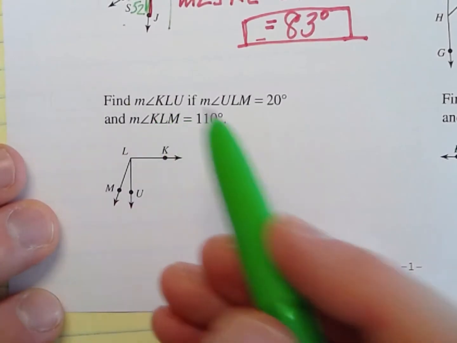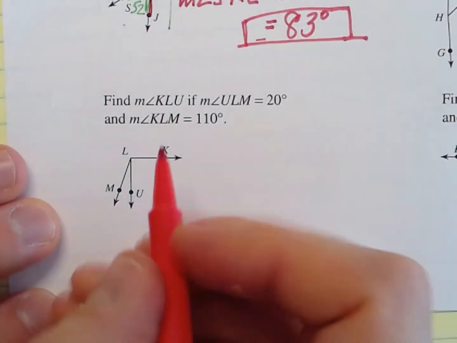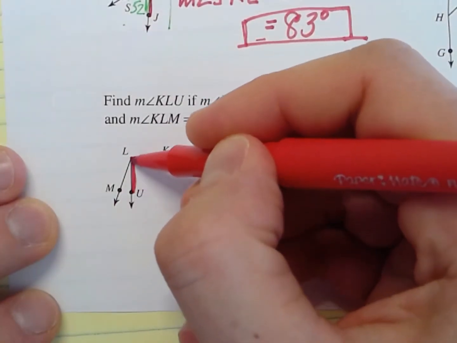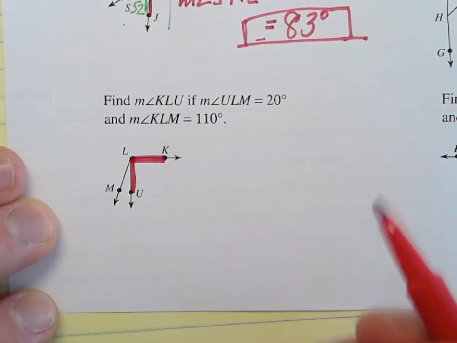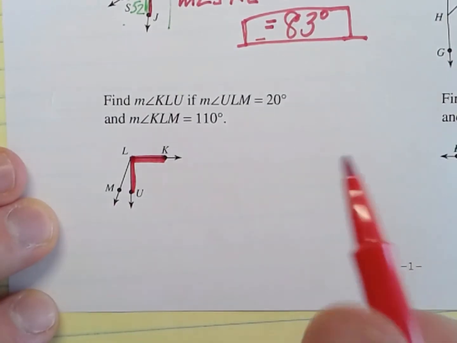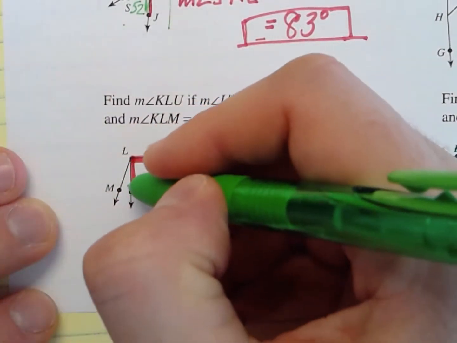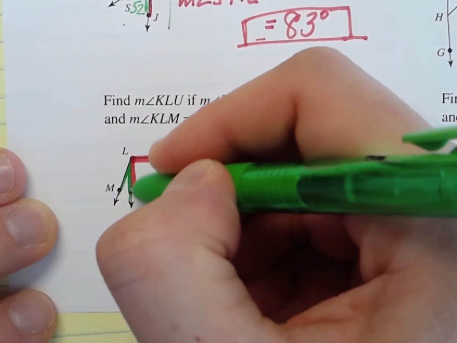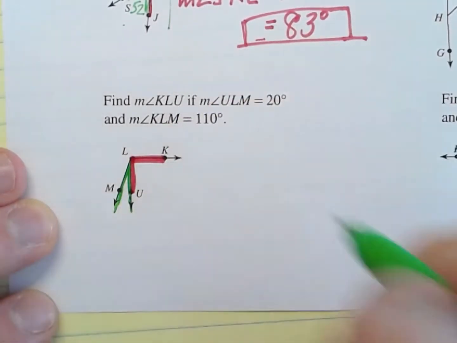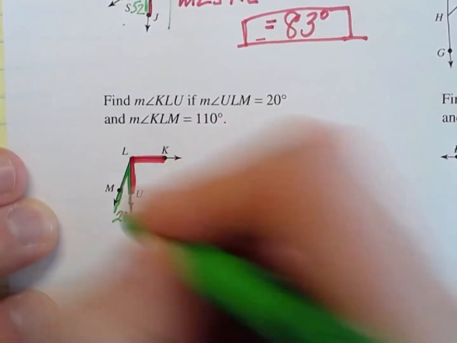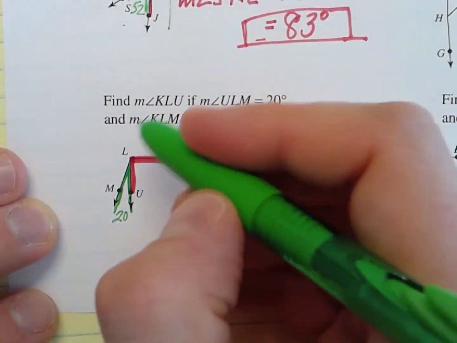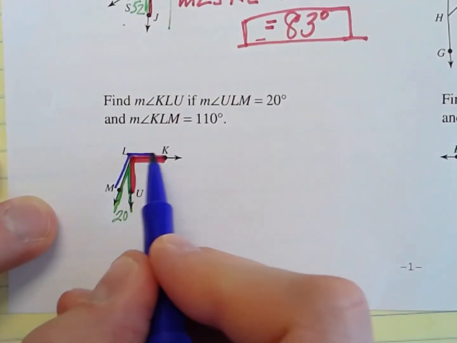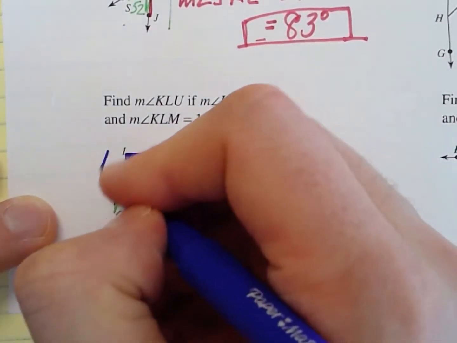Find KLU. So we want to find KLU. That's what we want to find. Find KLU if ULM, this tiny little angle right here, is 20, and KLM, the whole thing going all the way out here on the outside, is 110.